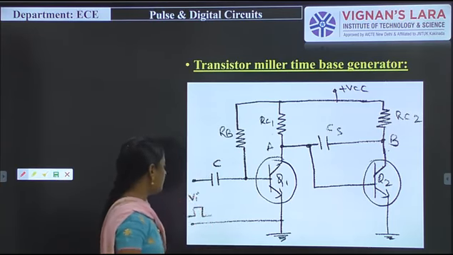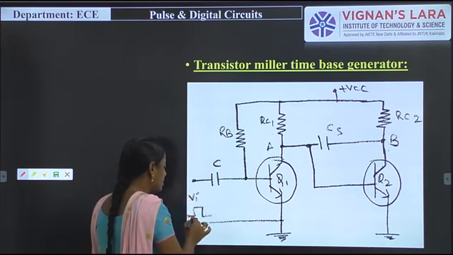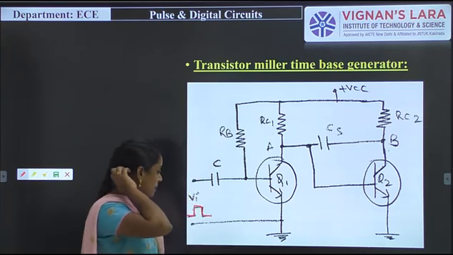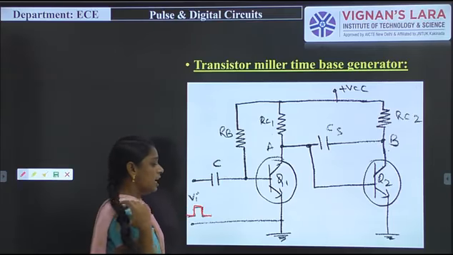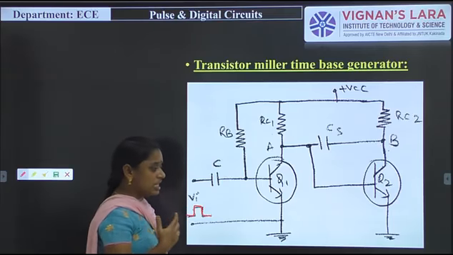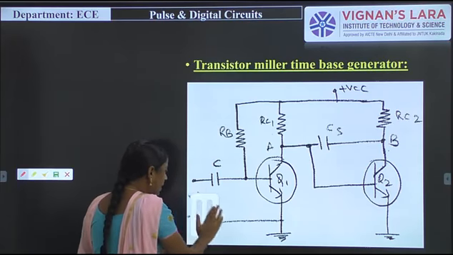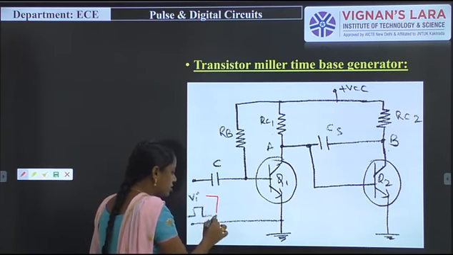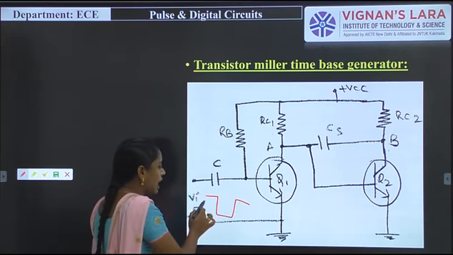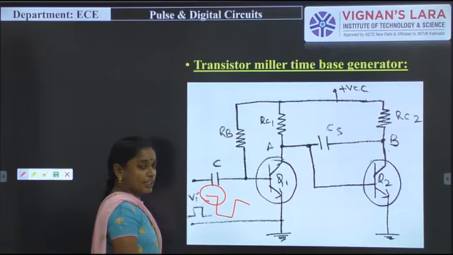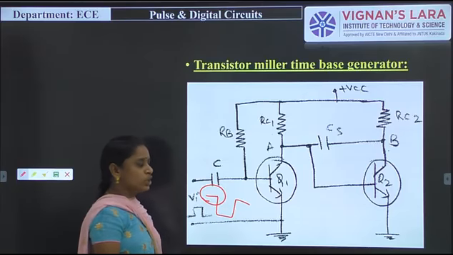At the same time, I am applying an input signal like a pulse signal or a step signal. First, I am applying a step signal as my input signal. So what happens and what is the condition? Let us check. In the first condition, I am applying a positive signal. When we apply a positive signal to transistor Q1, what is the on condition of Q1?